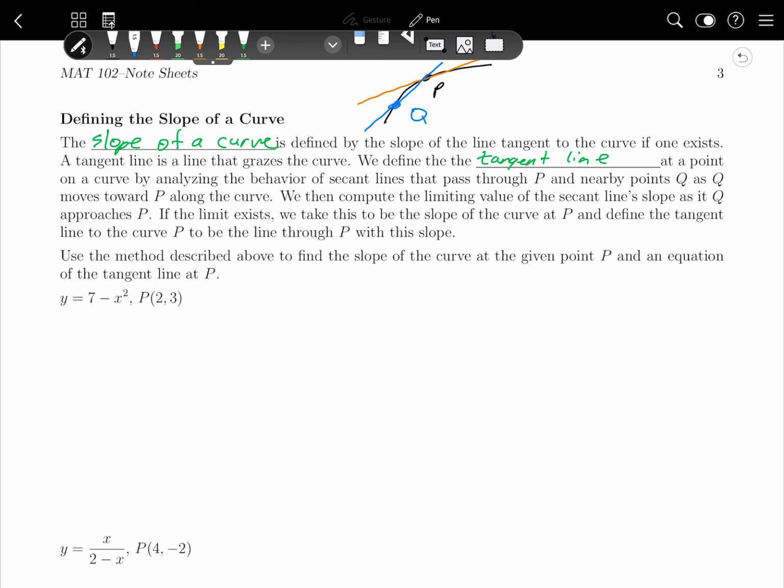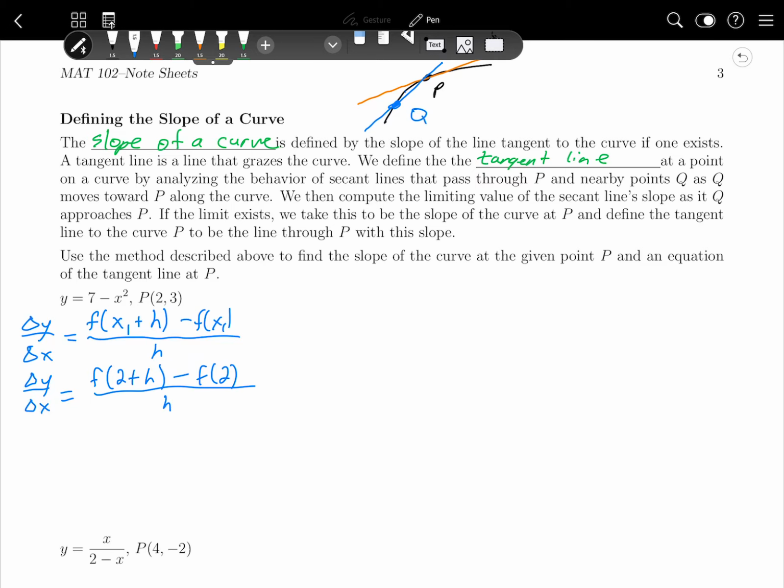The standard formula is delta y over delta x equals f of x sub 1 plus h minus f of x sub 1 over h. Okay, and now we're going to substitute in the information here. So let's start by substituting in x sub 1. So x sub 1 is 2. So delta y over delta x equals f of 2 plus h minus f of 2 all over h.